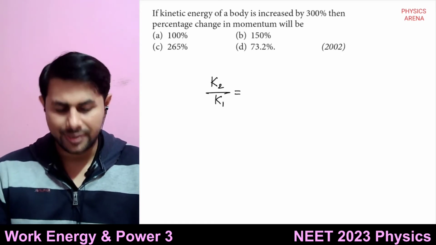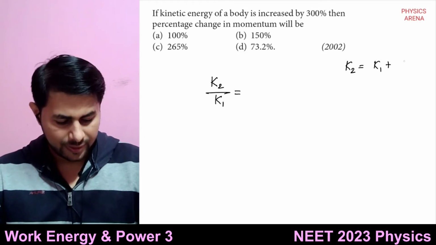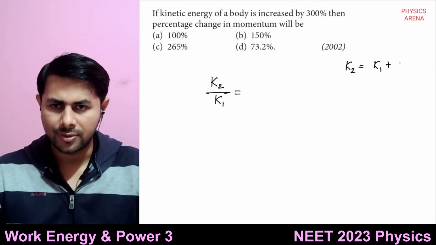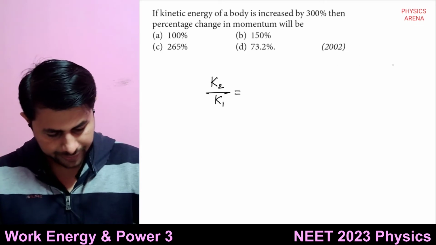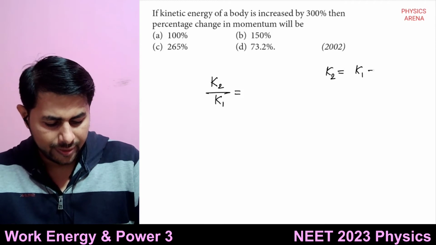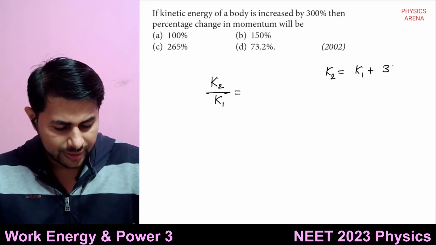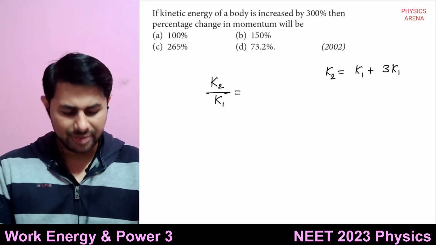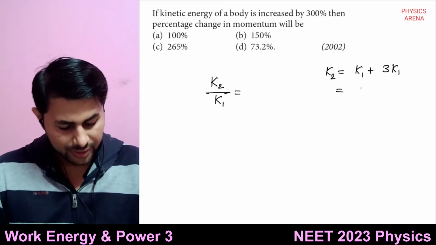The increment is 300%, so K2 equals K1 plus 300% of K1. 300% means 3 times K1. If K1 is 100%, 300% is 3 times K1. So K2 is 4 times K1.